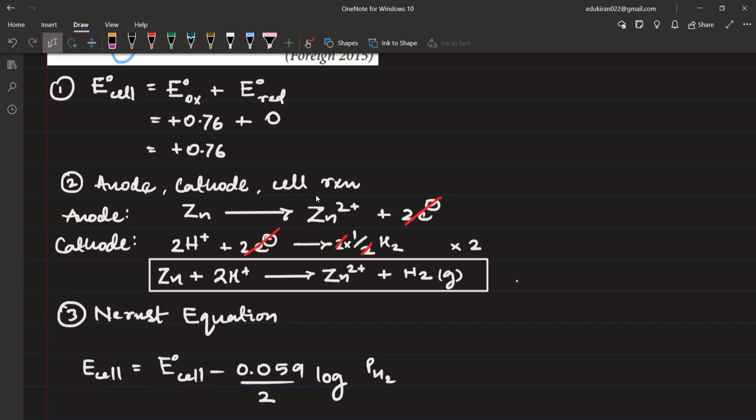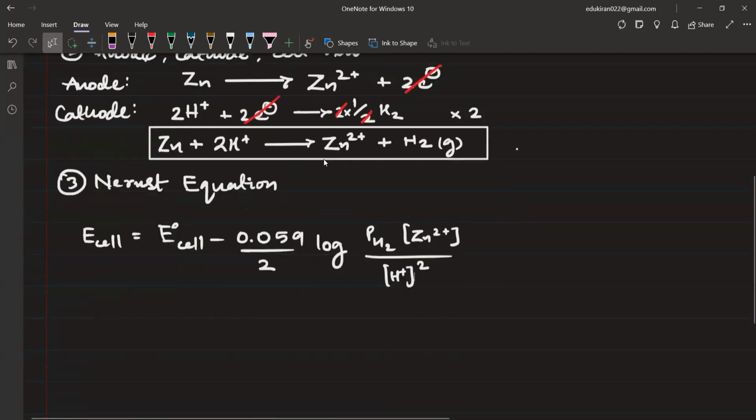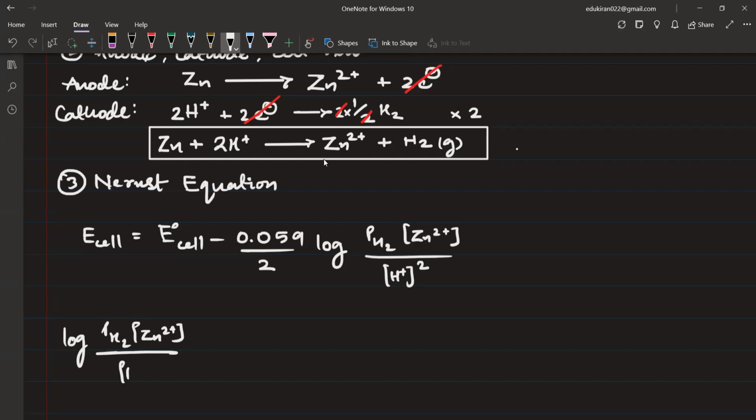So write pressure of hydrogen into Zn2+, divided by the concentration of H plus ion squared. Since the hydrogen is only 1 bar, we can replace that value and calculate the log part first.